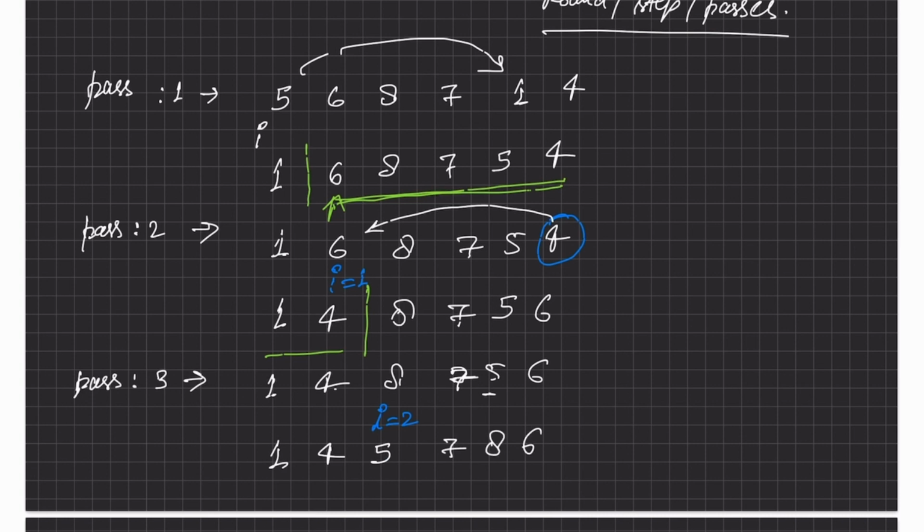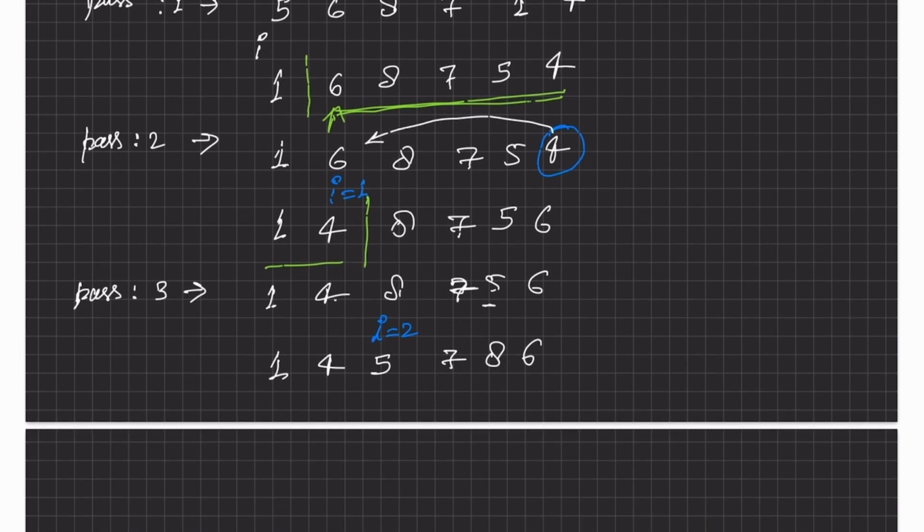So we have sorted till here. You can clearly see that the elements at the left of this bar are sorted, and the elements at the right are not sorted. We are going to sort the remaining 3 elements of this array. So we have performed 3 passes.